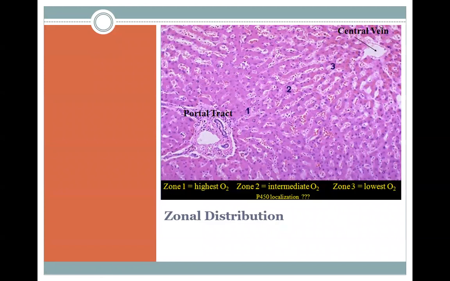All right, zone number 2 is in the middle, so it goes halfway between the two of them. So now you see the 3 zones that we have talked about: zone number 1, followed by zone number 3, and zone number 2 in between. Zones 1, 2, and 3 in the hepatic lobule are made up of hepatic cords. The hepatic cords, as you know, are 1 or 2 cells thick.